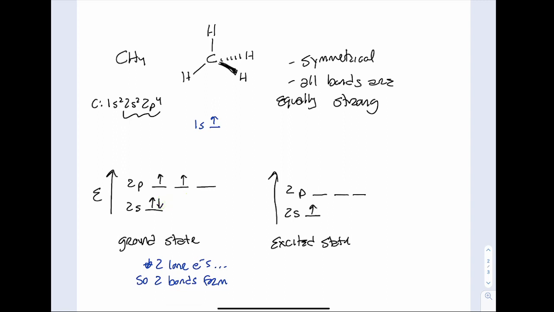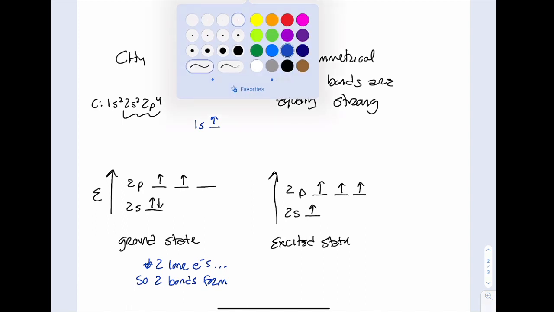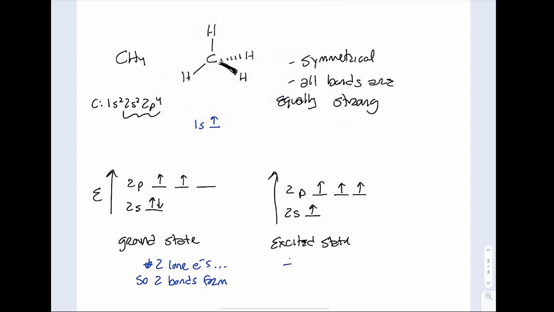I had 2 here, but I promoted it. Remember, if we add energy, we move electrons up to the next orbital, and that's what we did. So this is my excited state. I now have 4 lone electrons, so I can form 4 bonds.